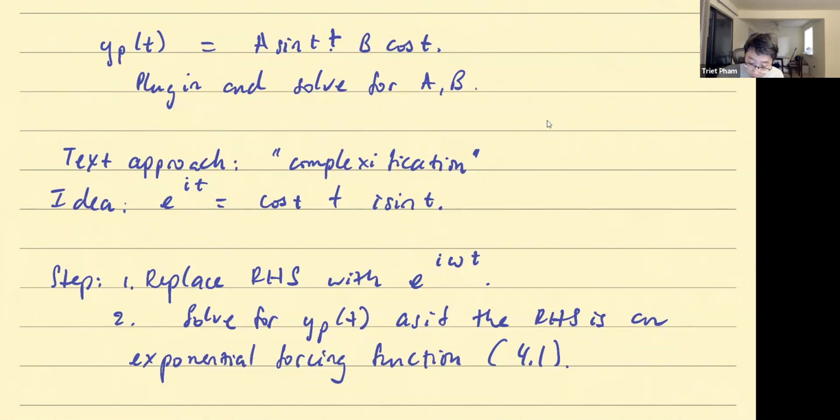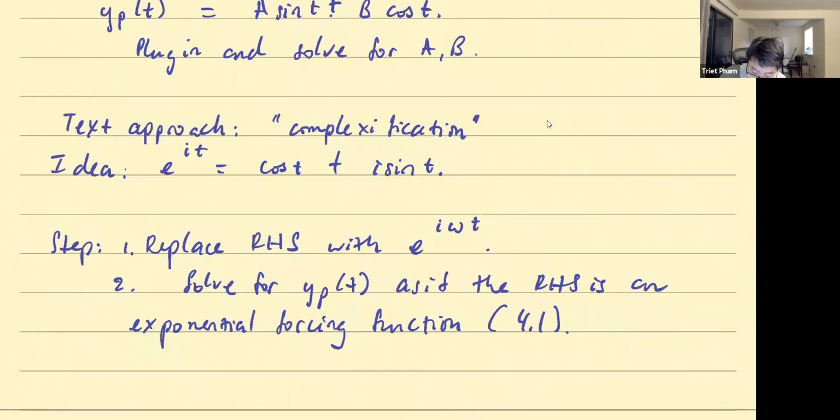Step 3, though: when you do this, your yp will have a real part and an imaginary part, because it's a complex number by the structure of your guess. So I guess step 3 is to use Euler's formula to decompose your yp into this.